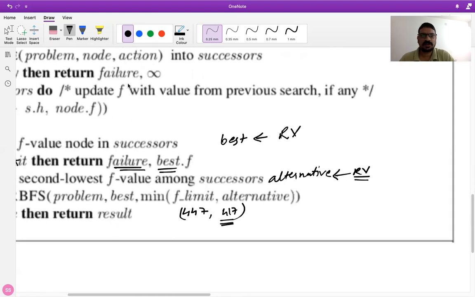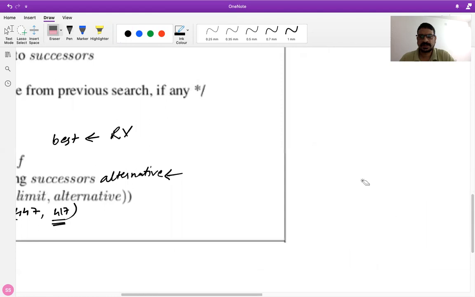Then we'll find out the alternative. What is the alternative here?